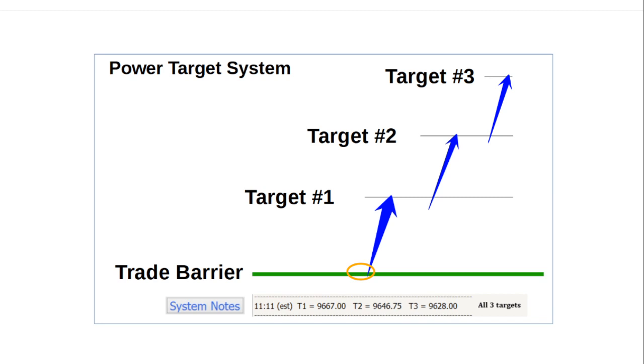The other thing to keep in mind is this is very much the way the institutional level players play the market. I designed this based off of institutional trading concepts and how they play the market profiles and whatnot. I'm going to tell you, this is about the slickest thing you're going to find anywhere. It has been under design for well over 5 years to get to this point.